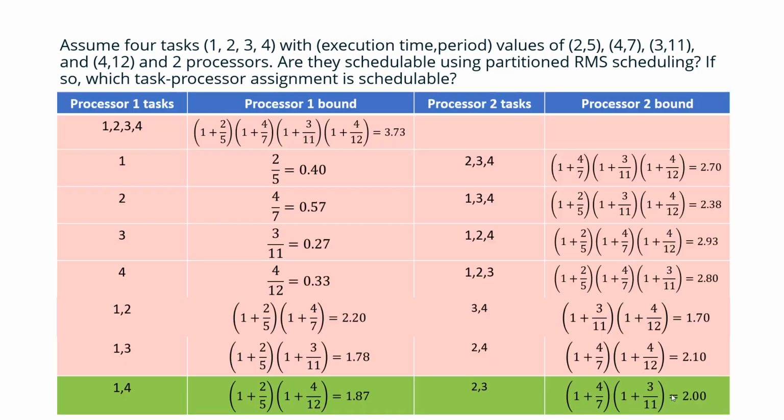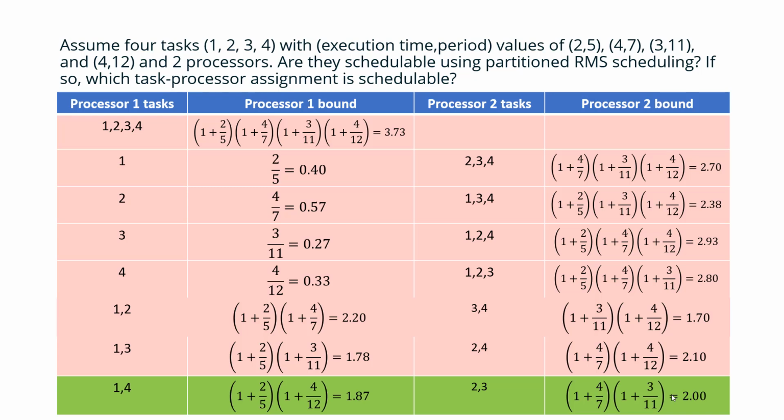So I came up with every possible way of assigning tasks to processor 1 and processor 2. And then for each one of those configurations, you calculate the RMS bound. And you're looking for a case where the RMS bound on both processors is less than or equal to 2.